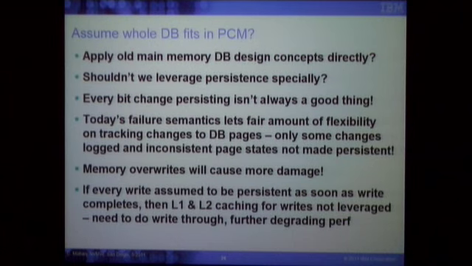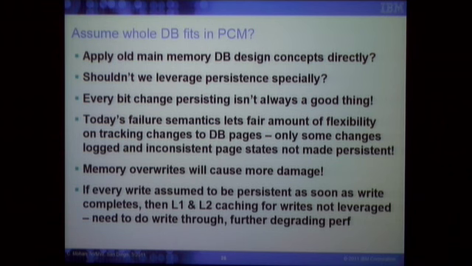The other one is, should you assume, in the case of an in-memory DBMS environment, that the whole database fits in persistent memory, or do you want to assume that it doesn't fit in memory, and so you still need to deal with moving portions of the database in and out of persistent memory that are fully resident on disk?